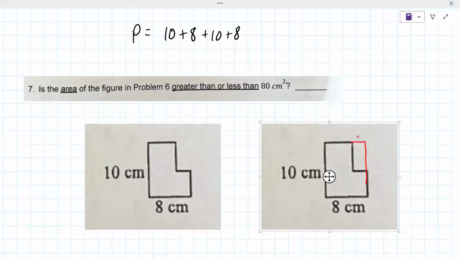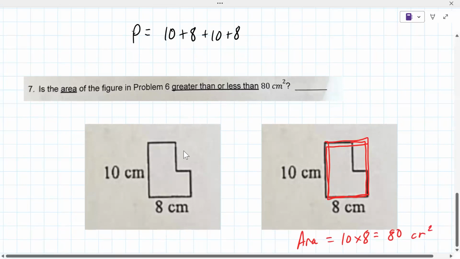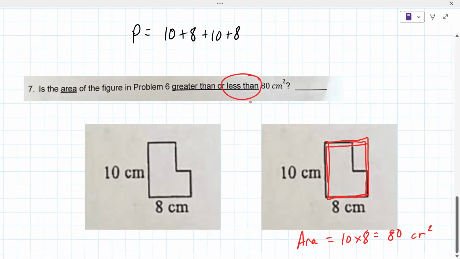If it was really this, what would the area be if it was bumped out? Well, the area would be 10 times 8, which is 80. 80 centimeters squared. But because it's missing this little piece, it's going to be less than that, because this little piece would take away from it.